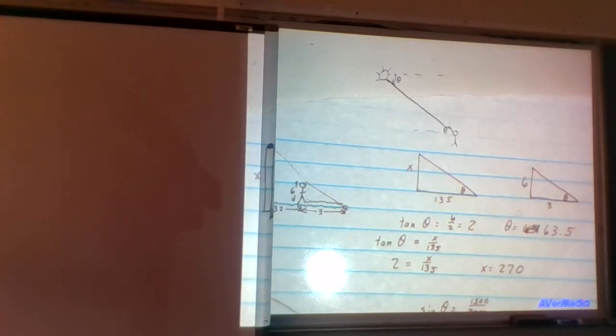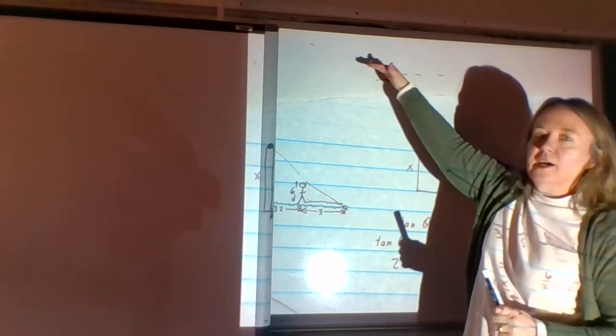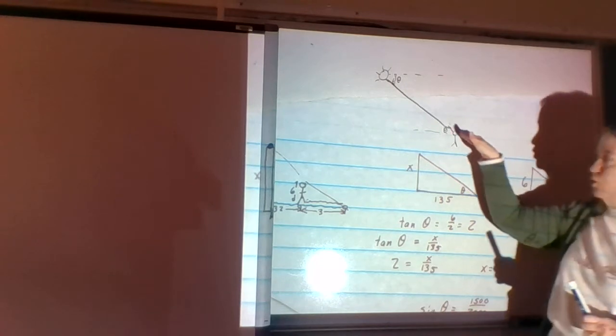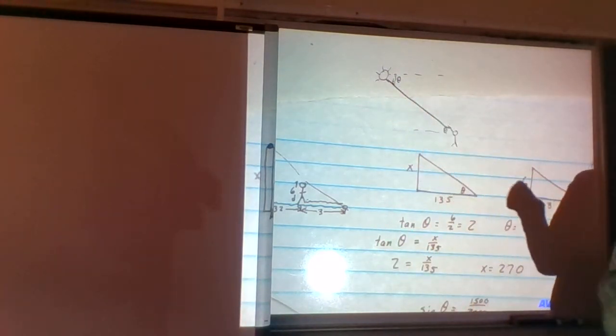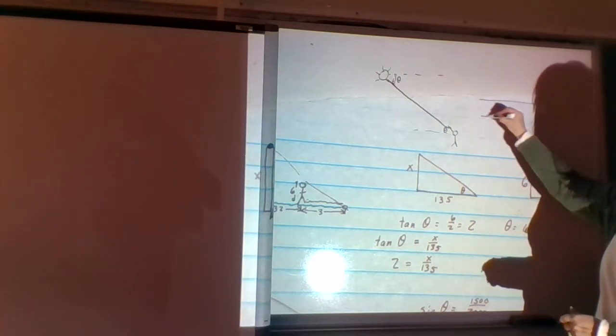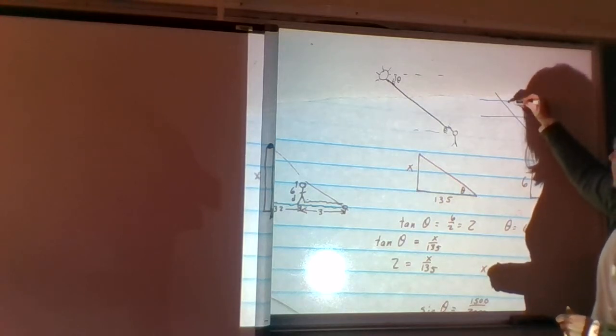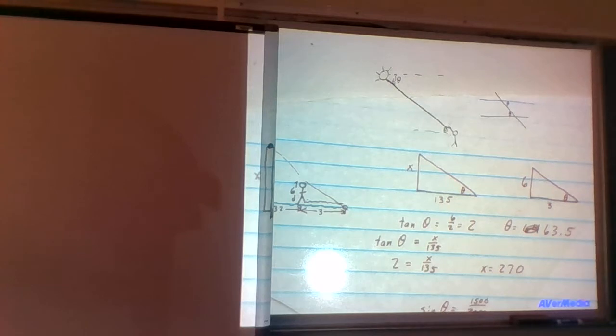Yes. What's the geometry thing that says that that's true? Remember about these? This is parallel with that. And here's your transversal. What are these two angles called? They have two words.